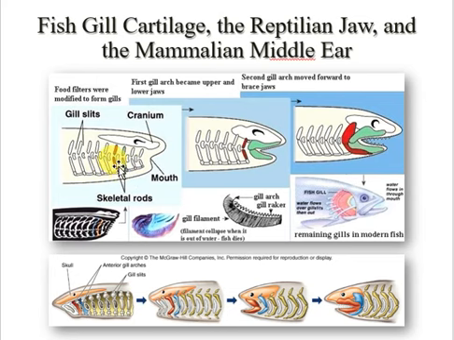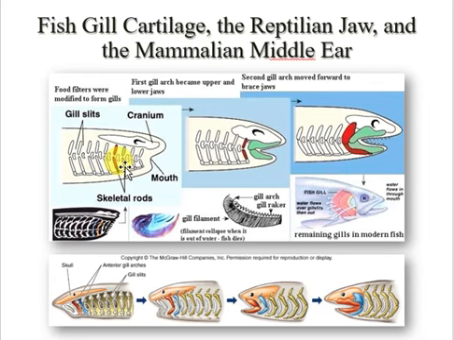In this agnathostomous condition, the gill arches acted not only to support the gill slits, but also the cranium or skull of your early fish.